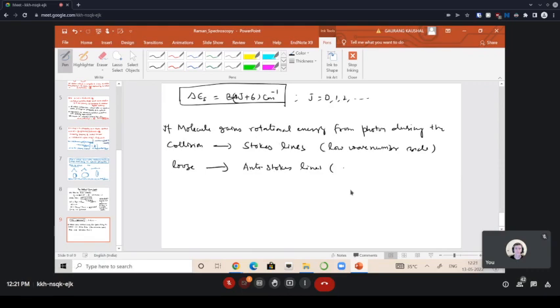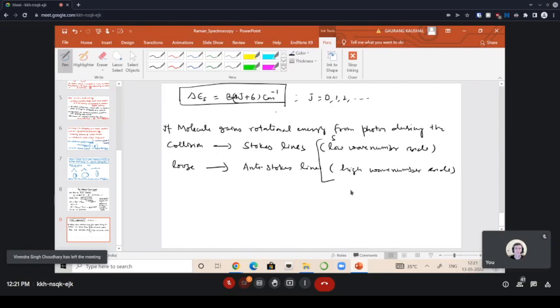This will be towards the high wave number side. So these will be S branches. We are talking about S branches here because in this case the allowed transitions are only delta J plus minus 2.